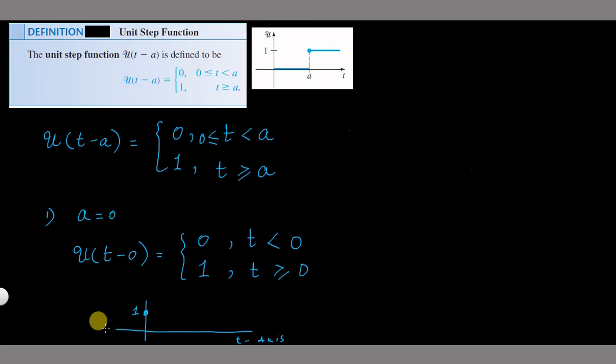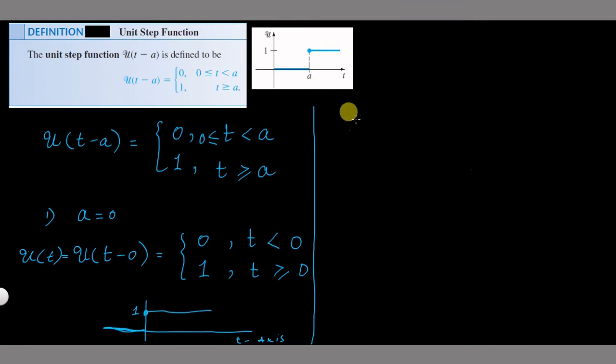It means it lies over here, obviously on the t-axis below 0, and the answer of this unit step function will be 1, and this function can be written as u of t as well. So this function goes from 1 onward. So this is one way if we know what a is.